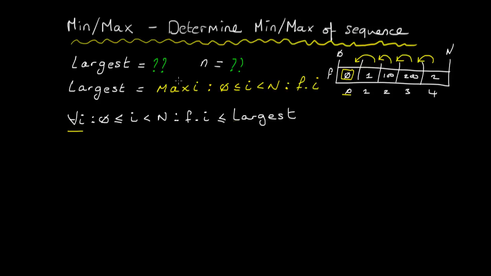So let's write our invariant out as well. For an invariant we'd have for all I greater than or equal to 0, less than small n, and then f dot I less than or equal to largest.